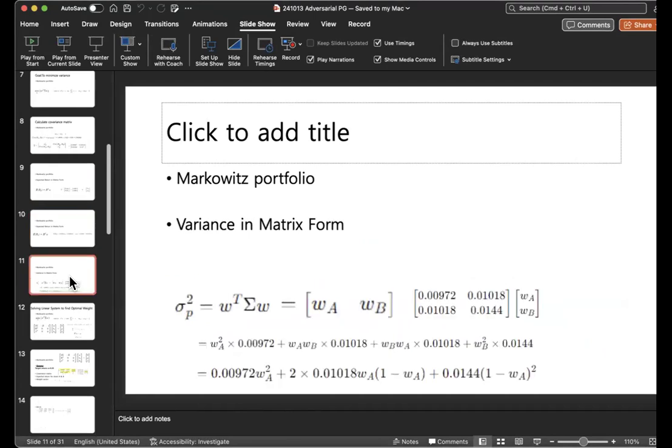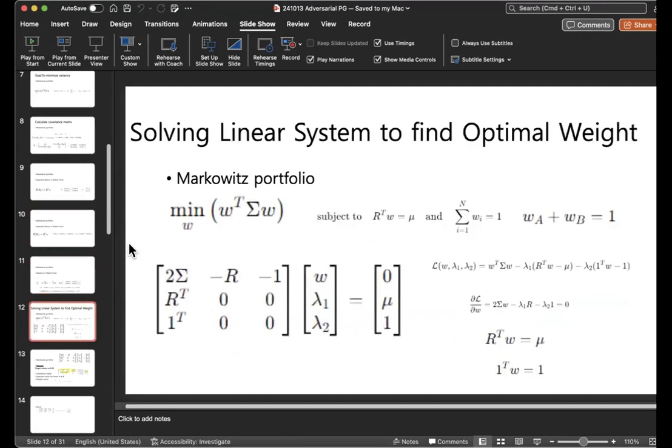Then we do two things together. We can get the variance of the two assets, which is the variance of the portfolio. Then we put every value into this matrix and calculate it.